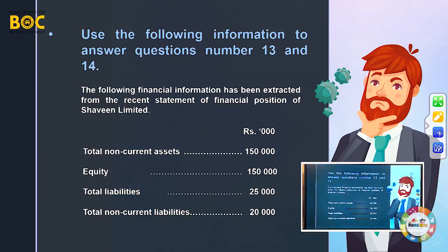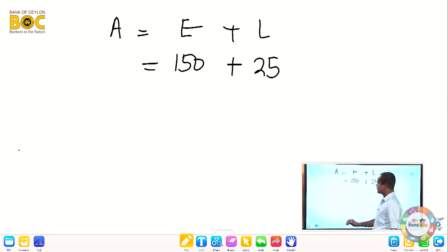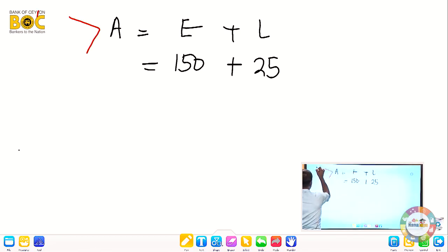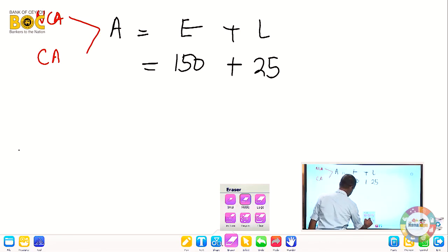We divide assets into two: non-current assets and current assets.